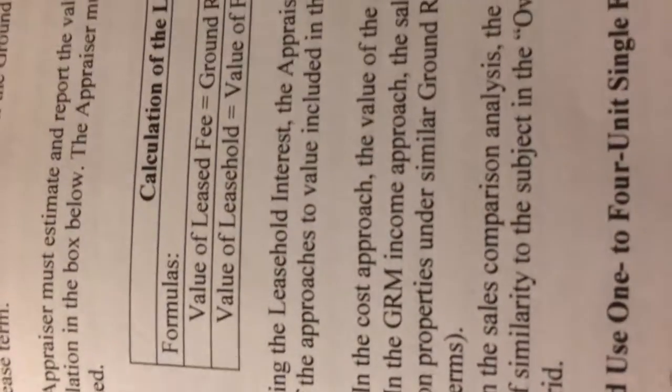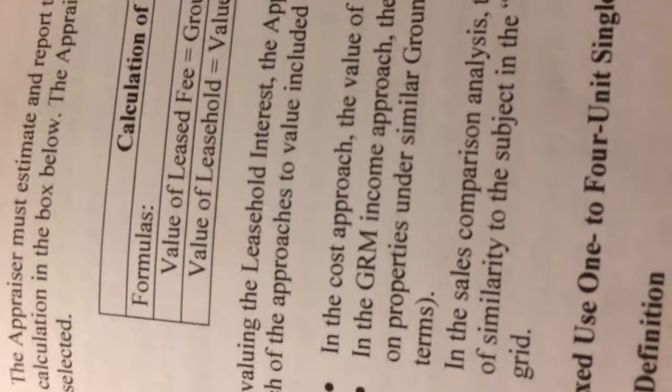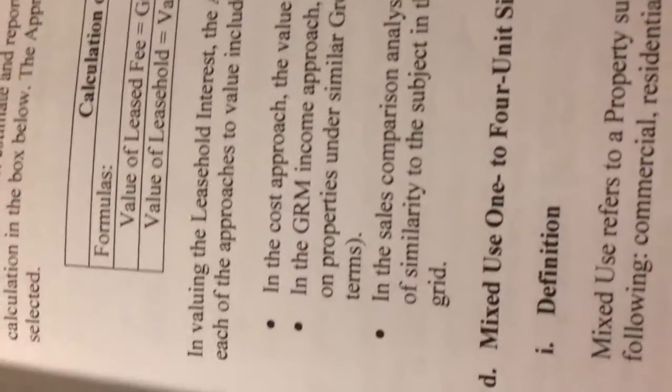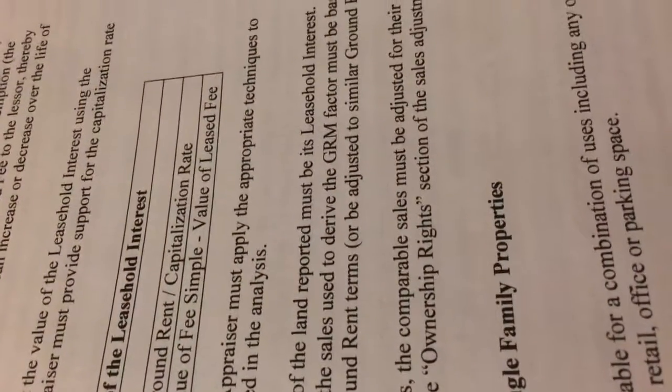In valuing the leasehold interest, the appraiser must apply the appropriate techniques to each of the approaches to value included in the analysis. In the cost approach, the value of the land reported must be its leasehold interest.